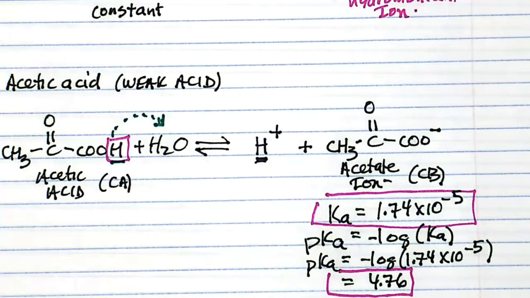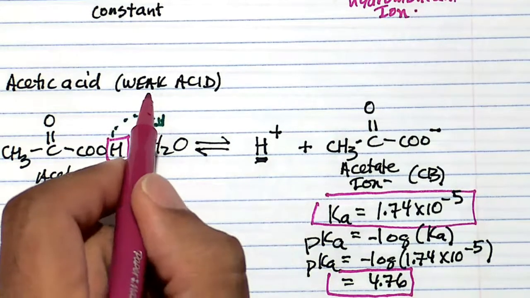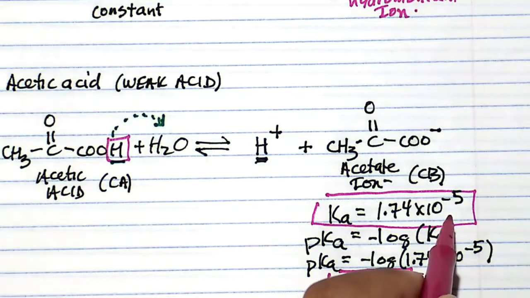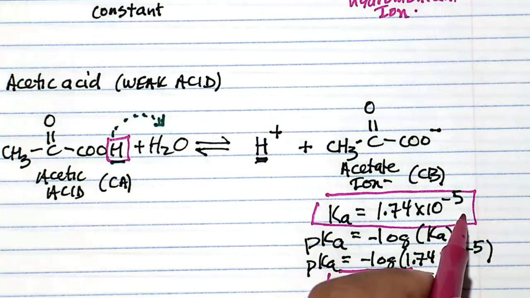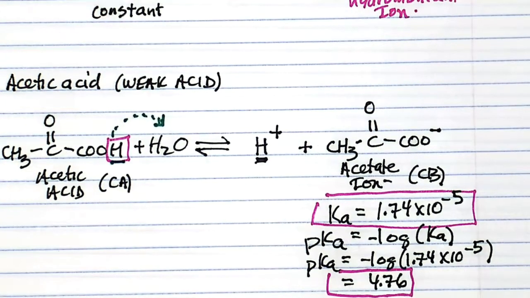Obviously, acetic acid won't go to 100% completion because it's a weak acid, and a Ka value of 10 to the minus 5 is pretty low. So instead of saying 10 to the minus 5 or 10 to the minus 6, or for very weak acids a Ka value in the 10 to the minus 12 realm, we just take the minus log of it.